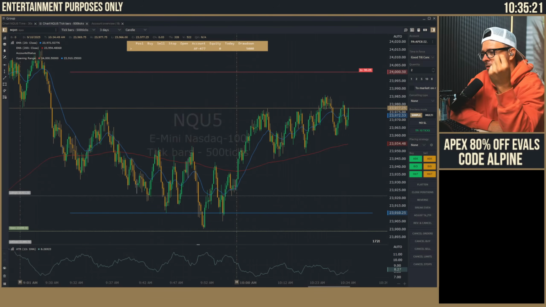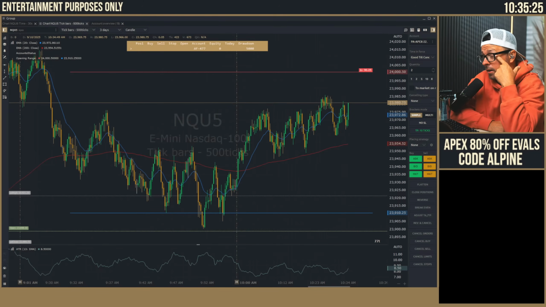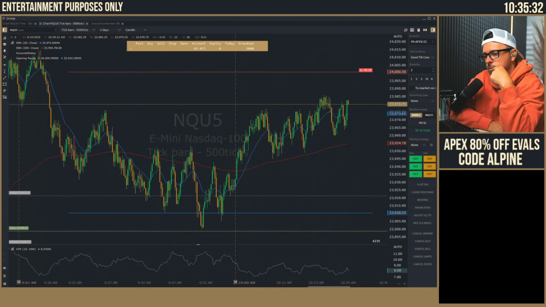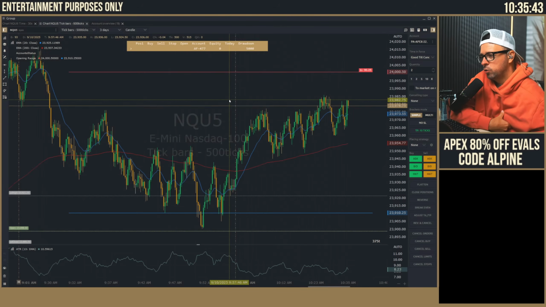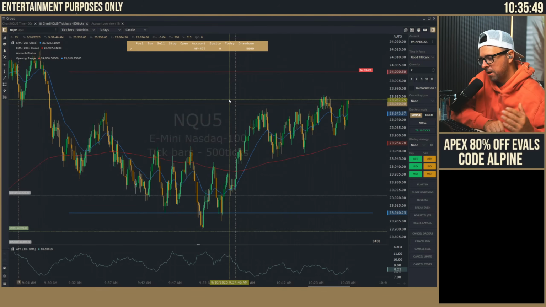So with the bigger accounts, like the 150K accounts, you could blow a 150K account being up almost $4,000, like $3,000. Versus on a live account, it stops as soon as you make your drawdown. So if your drawdown is $5,000, as soon as you make $5,000, the drawdown stops.